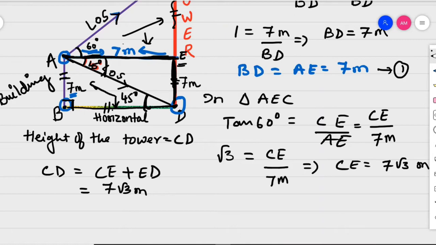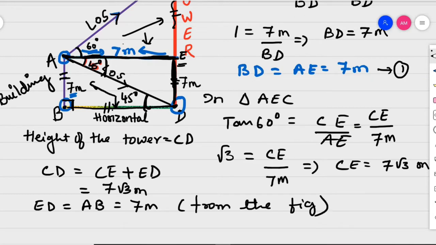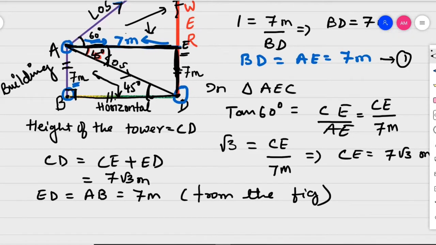I think you have written somewhere here, or if you have not written, you should mention it. From here, ED is equal to AB and that is equal to 7 meters. You can write from the figure also, or you can say that both of them are opposite sides of a rectangle.